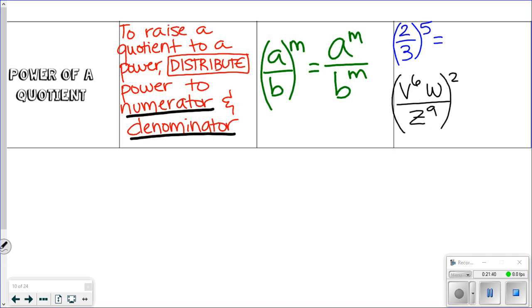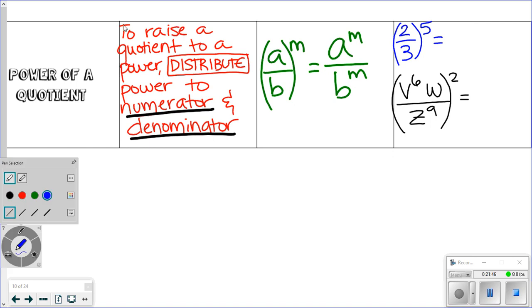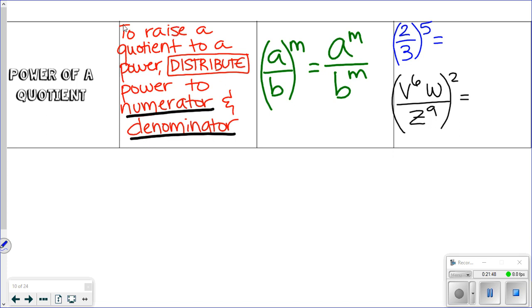And also try this question and come up with your answer. So 5 is distributed to 2 and 3. So it's 2 to the 5th power over 3 to the 5th power. Go ahead and type that into your calculator for me.